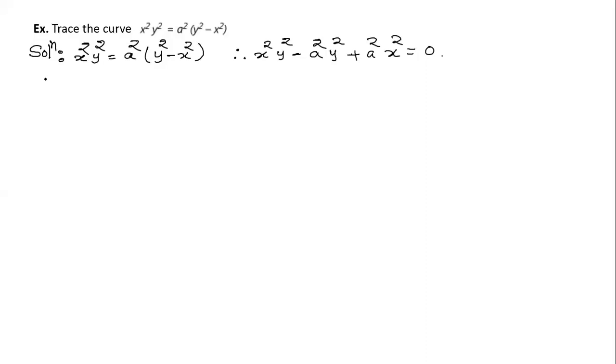Okay, so we see that property 1 is satisfied, only even powers of y, the curve is symmetric about the x axis. Property 2 is also satisfied, as there are only even powers of x, the curve is going to be symmetric about the y axis. Also, I am just saying the curve is symmetric about both the axes.